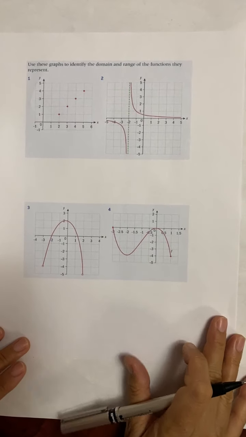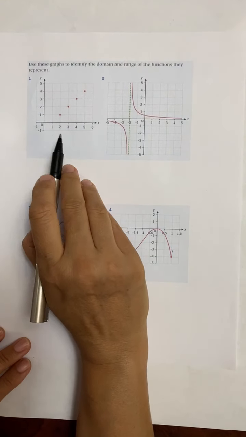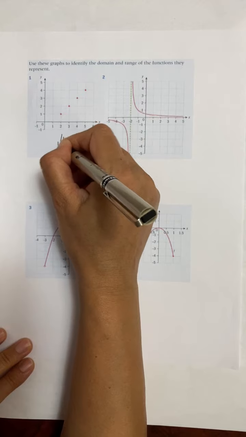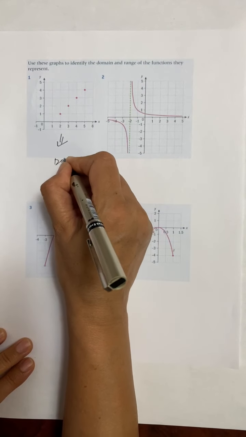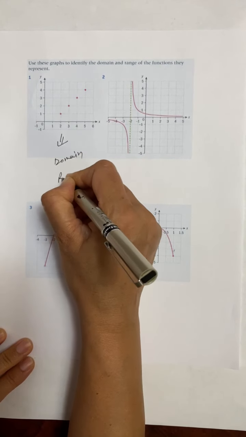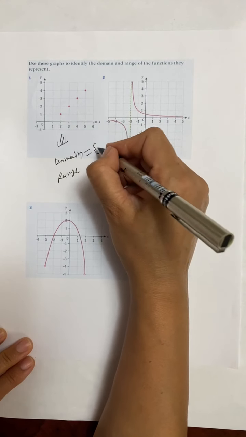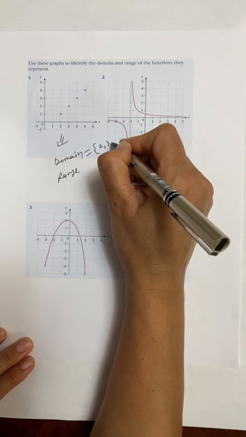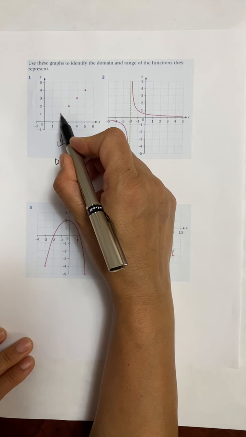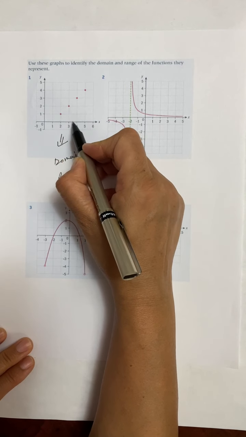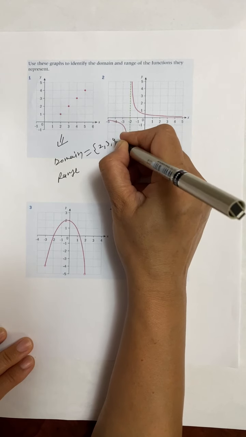Now for this one, number 1, domain and range. In this case, the domain is the x values of these points: x is 2, 3, 4, and 5. That's the domain.